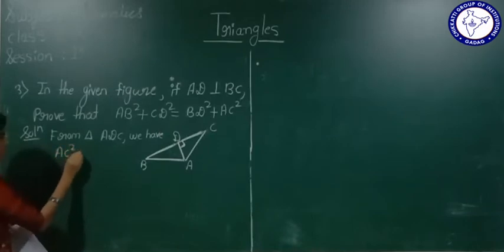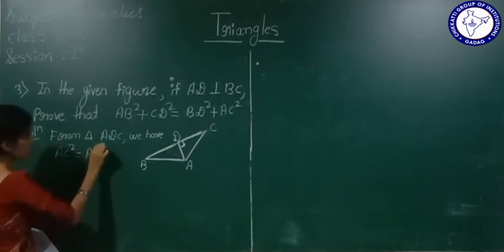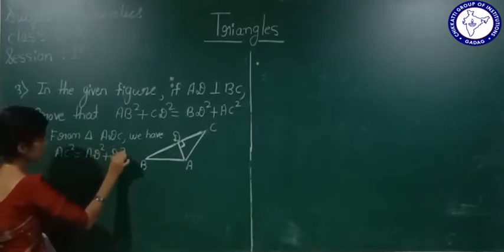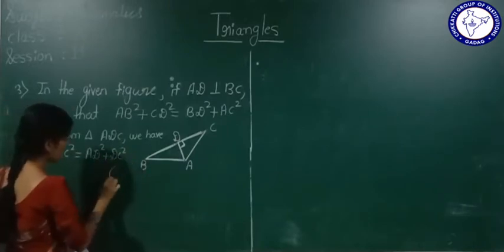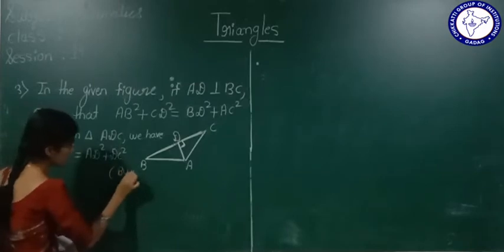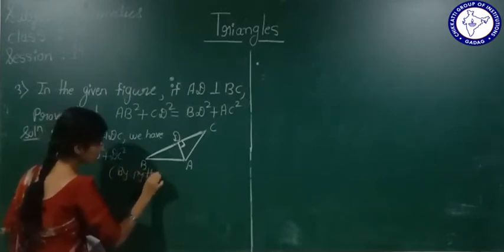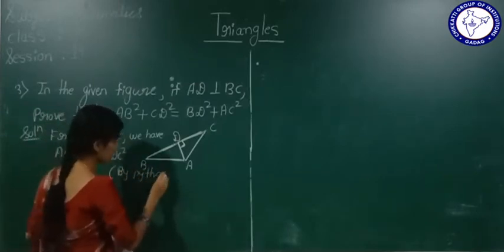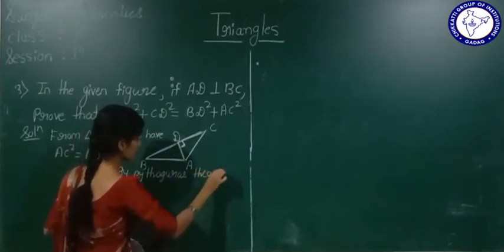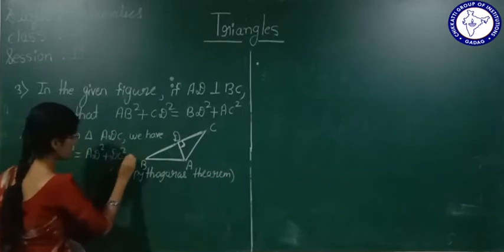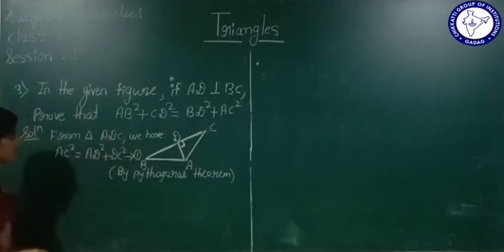AC square is equal to AD square plus DC square. Okay, by which theorem here? This is by Pythagoras theorem. Call this as equation number 1.